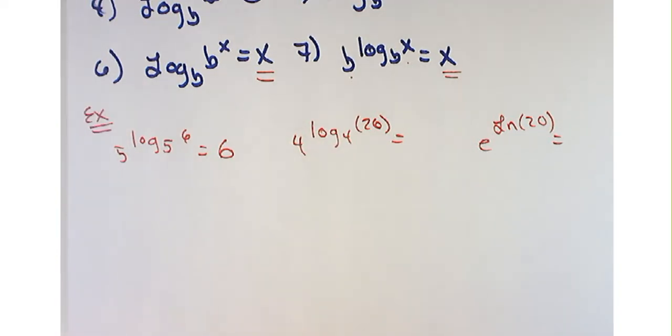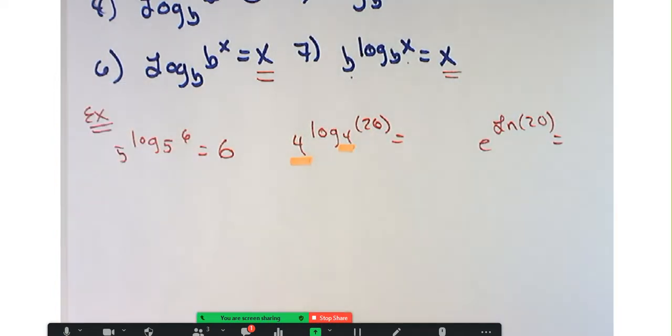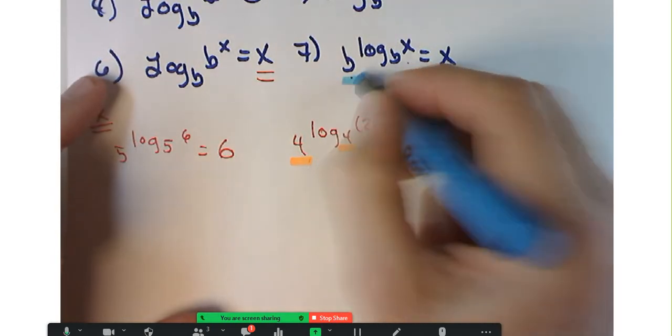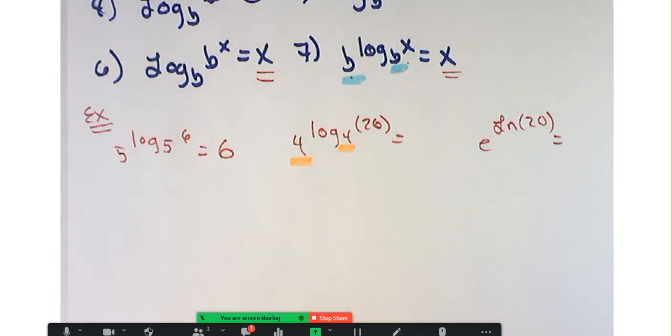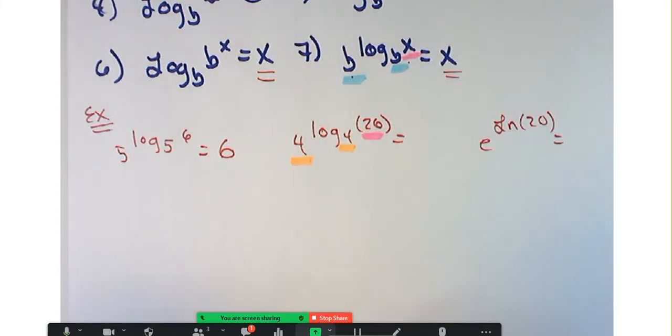So the thing that I want you to notice is that those two things match. And when those two things match, as they do right here, then they cancel out. And what you'll end up with is just the exponent, or in our case, 26.